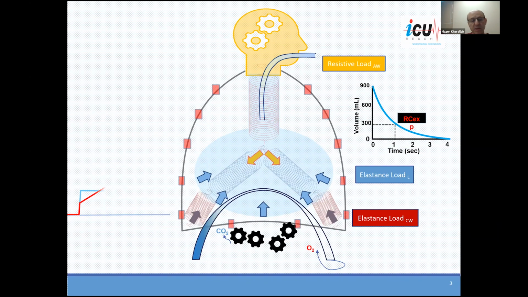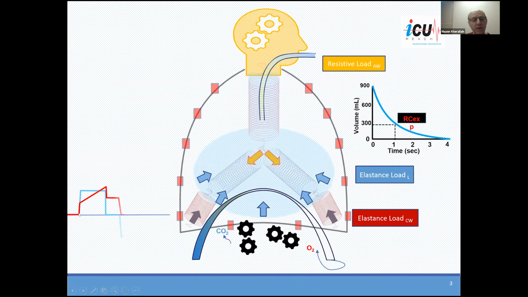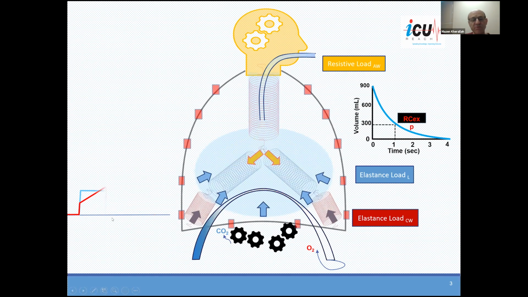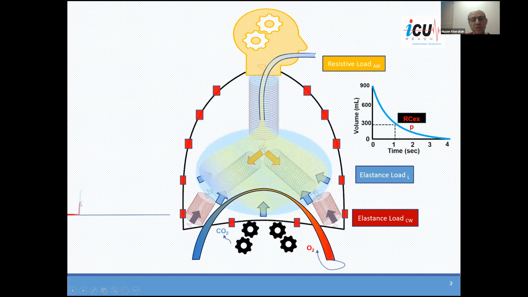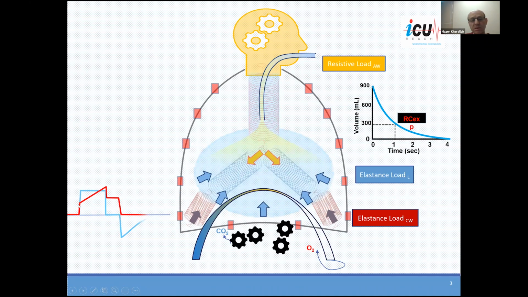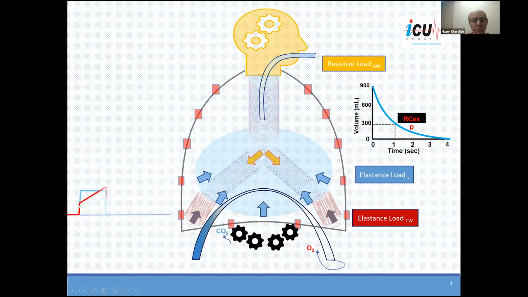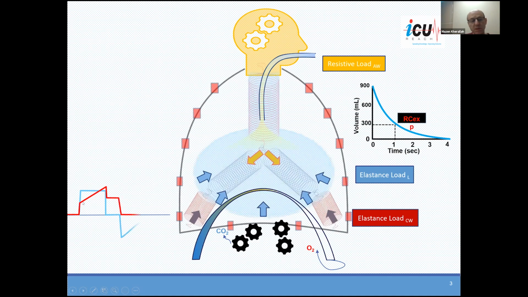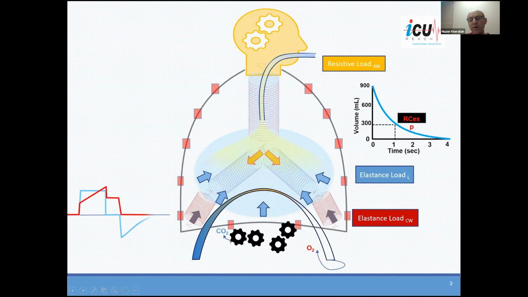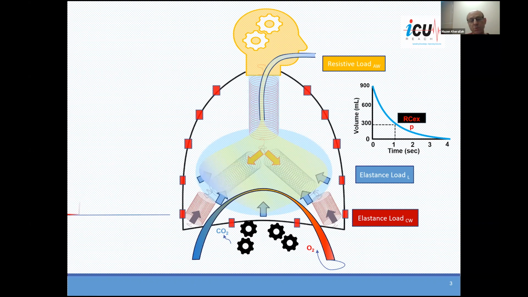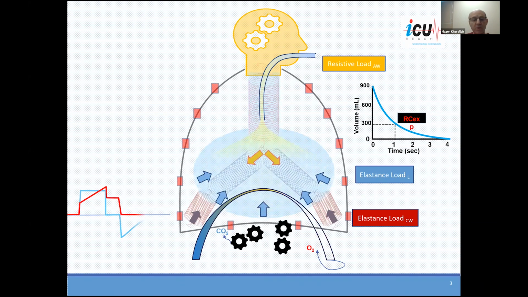The red here is the pressure over time, and the blue is the flow. The initial rise in the pressure is the pressure required to overcome the airway resistance, and the plateau pressure would be the pressure required to overcome both the elastance load of the chest wall and the elastance load of the lungs.